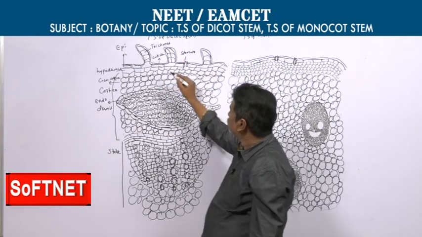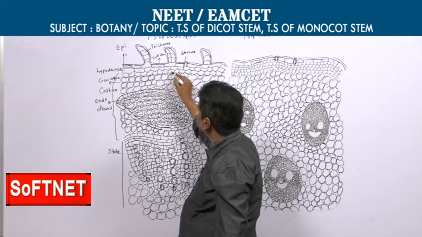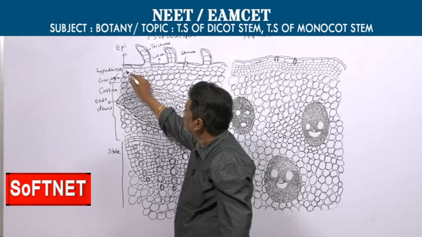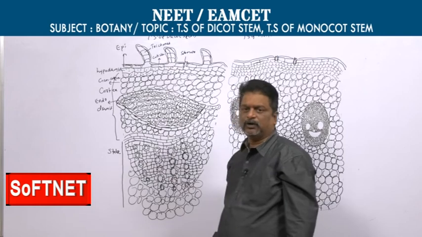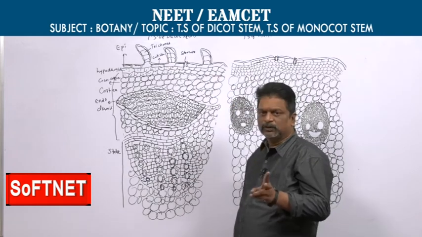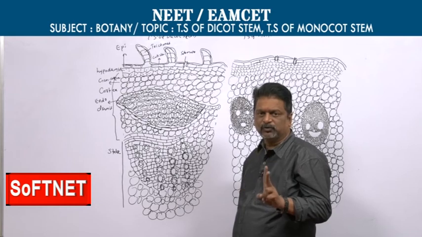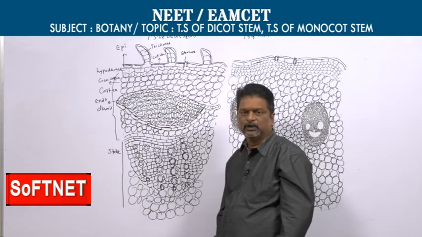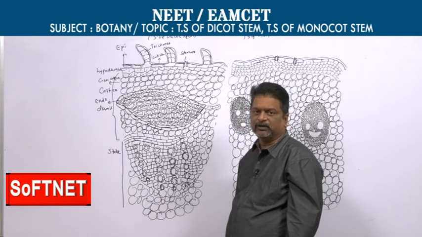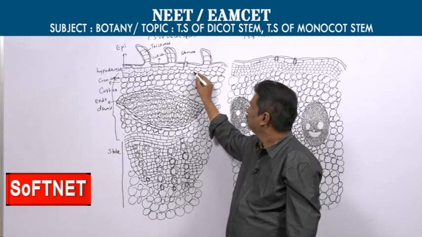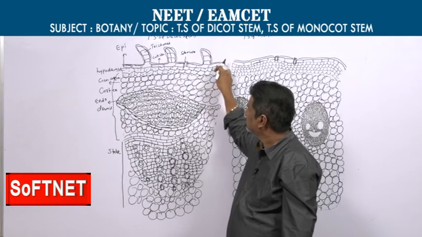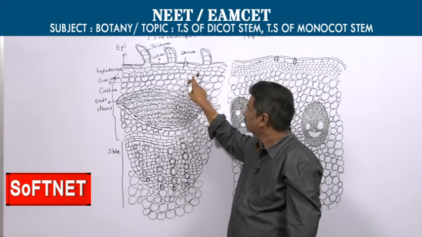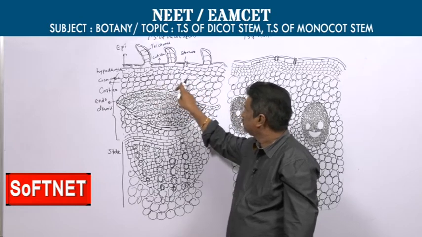Then this living tissue, in young stem, contains chloroplast, so it helps in photosynthesis or assimilation. So function of collenchymatous hypodermis, two: one is it gives elasticity or tensile strength, and second one, photosynthesis or assimilation. This is hypodermis.